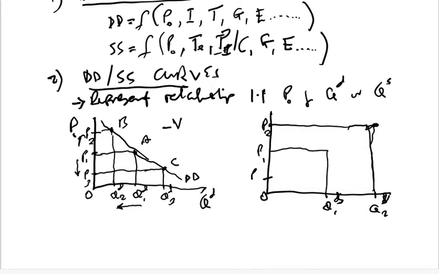If price reduces, then the suppliers are making less profits and they will reduce their supply. So as we say, there is a positive relationship between these. So I'm going to call these points A, B, C. Okay, so these are the demand and supply curves.